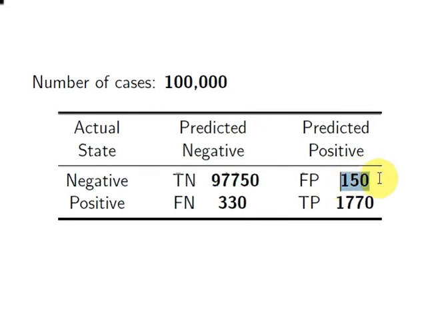So that is the false positive. The total number of people, so that's 150. The total number of people who are actually ill but are considered to be healthy, 330. And the people correctly identified as sick, 1,770, and so on.